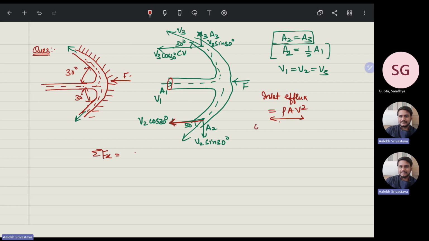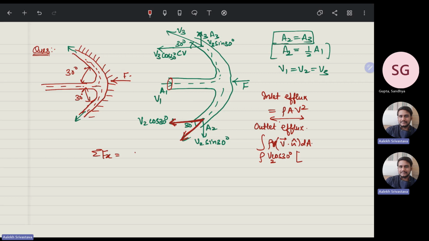Now, what is the outlet? Outlet flux is equal to rho into V dot n cap dA. So it is rho into V2 cos 30 into V dot n cap. If you say this is your n cap direction and your velocity is in this direction, we are resolving in this direction.